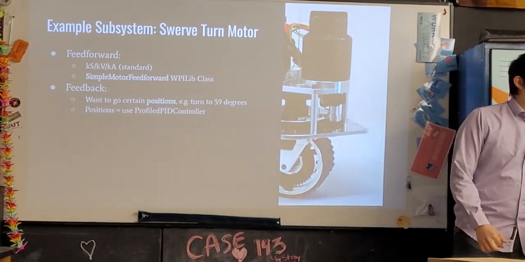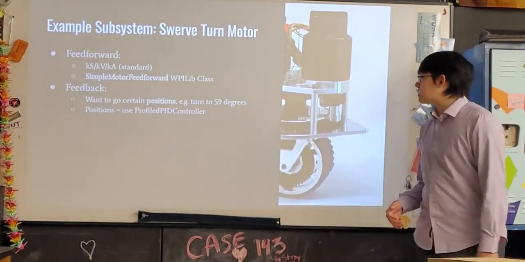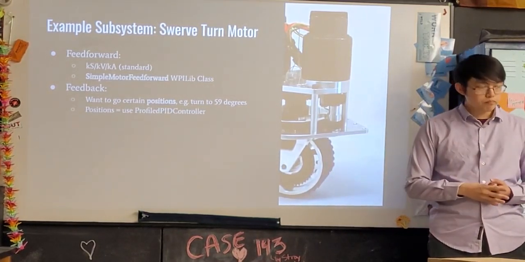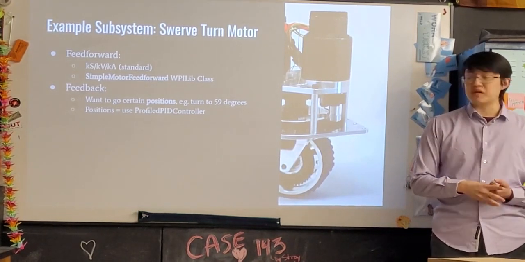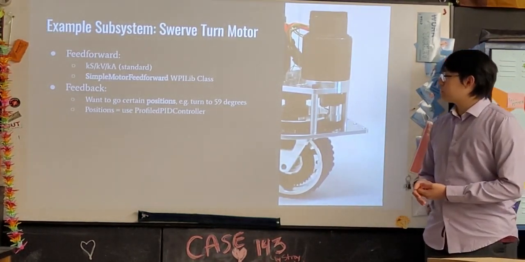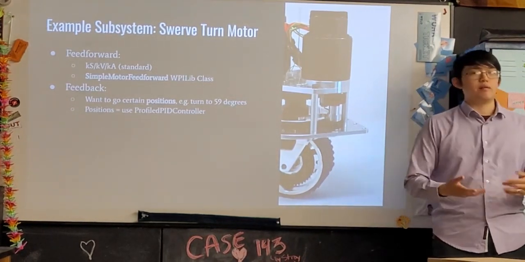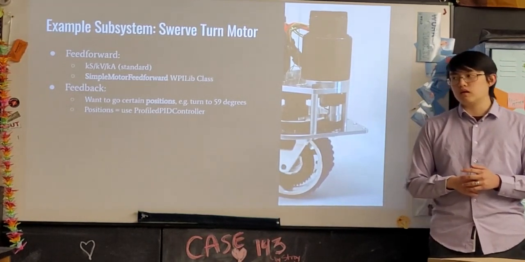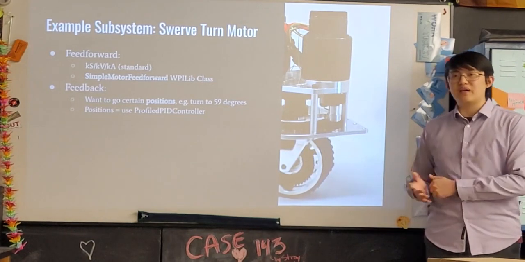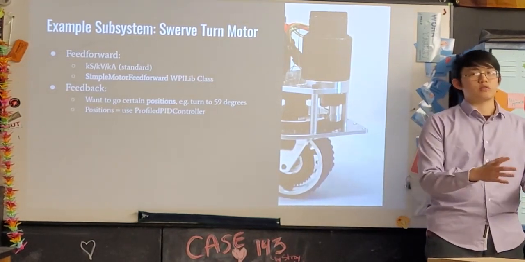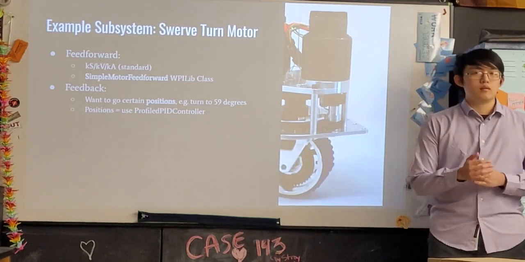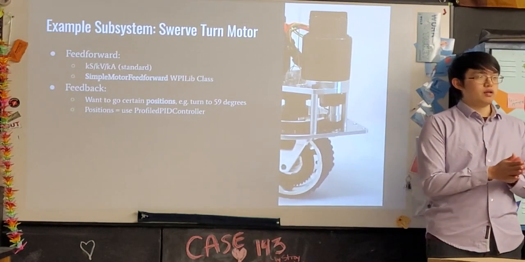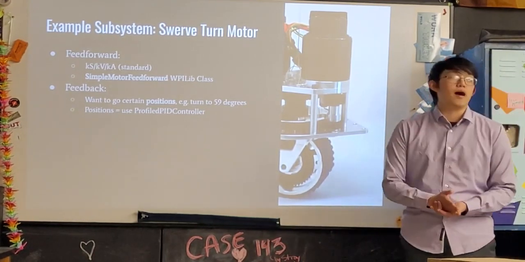Now, here's the thing, and I don't have an explanation for this. In the code, we did not use a profiled PID controller. The reason is that in theory, because we're working with position, a profiled PID controller would be better. There are some exceptions to this rule. Remember, a profiled PID controller is used for smooth correction, a plan for getting from point A to point B. A normal PID controller is good for aggressive correction, getting there right now.